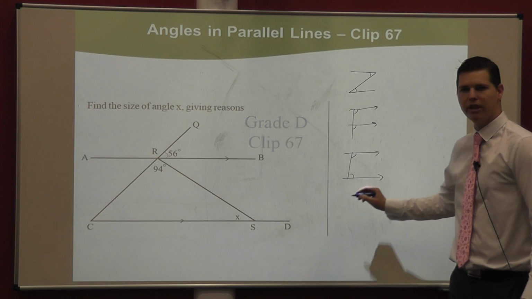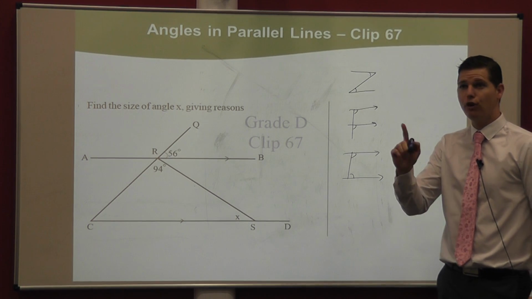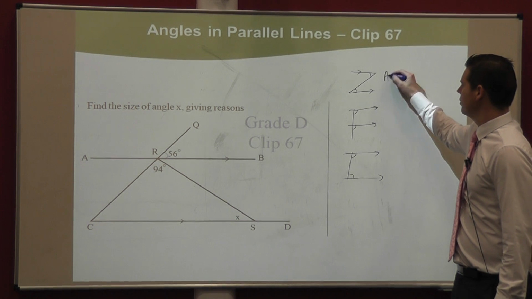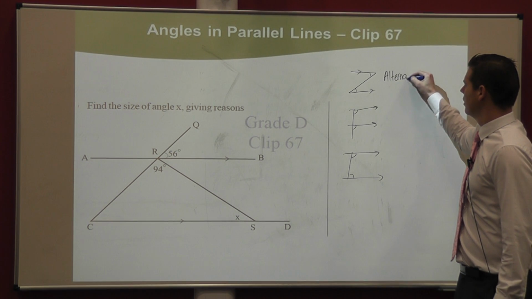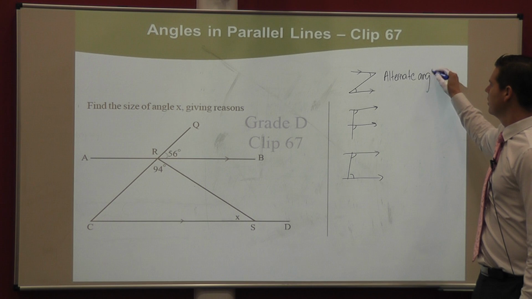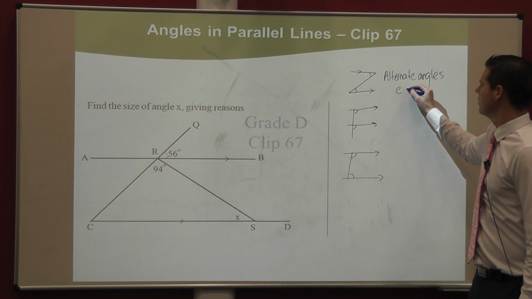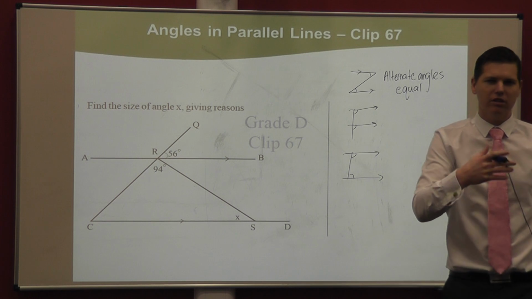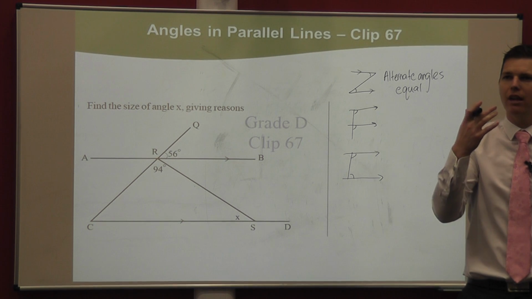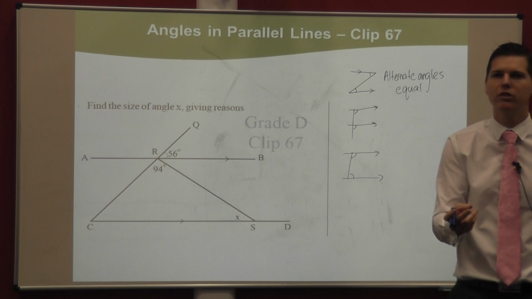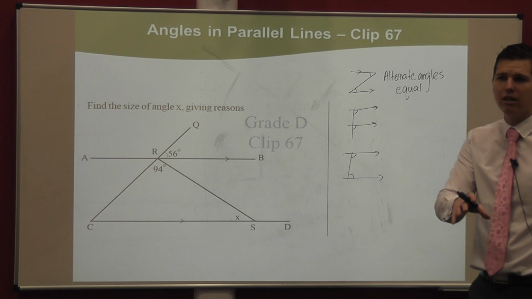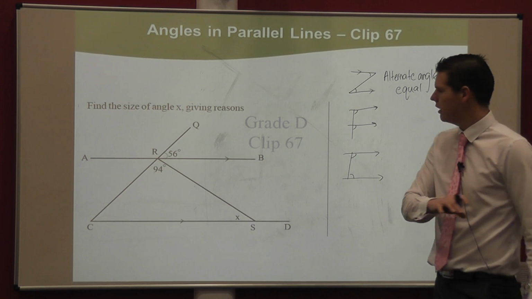Now, those 3 rules are important. The first one here is alternate angles, and alternate angles are equal. Make sure you're putting these down, just 3 little keys, remember. Today is all about getting the keys down, the clues that are going to help you do the exam paper or this practice exam tomorrow or next lesson.